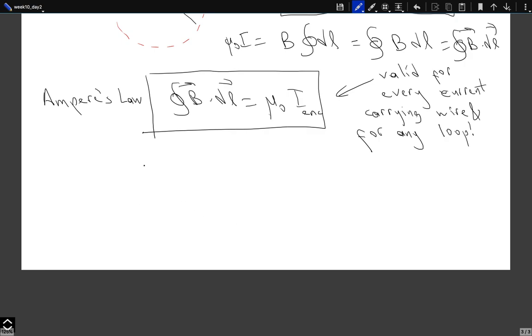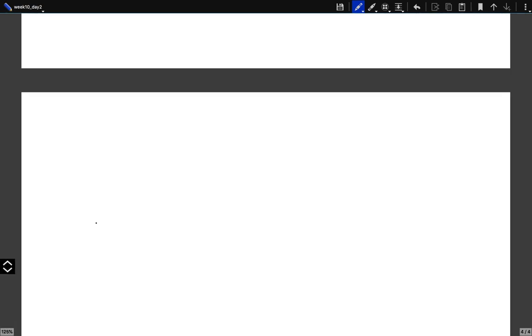Let's assume that we have a loop. We have such a loop. It is of arbitrary shape. Let's say there is a current I1 running out of the screen over here, and there is another current, I2, over here going into the screen.